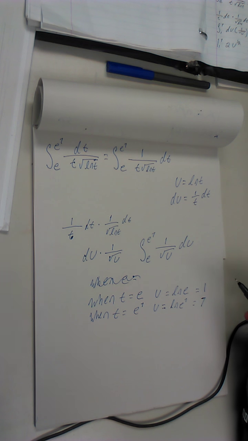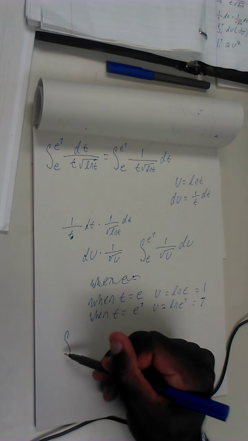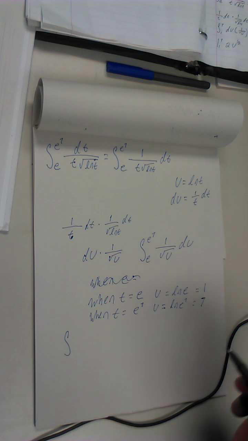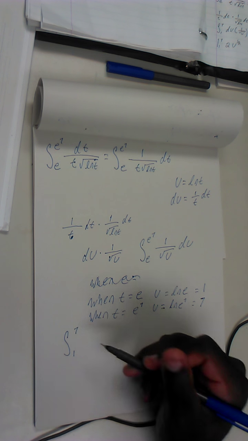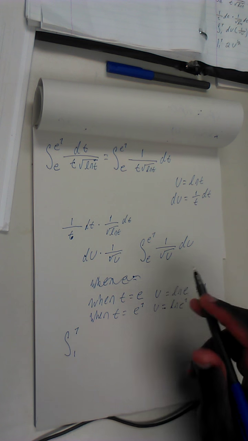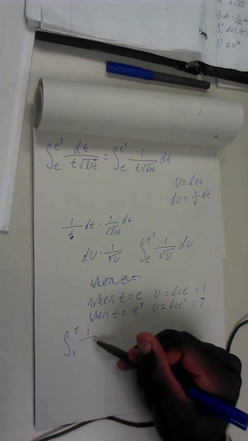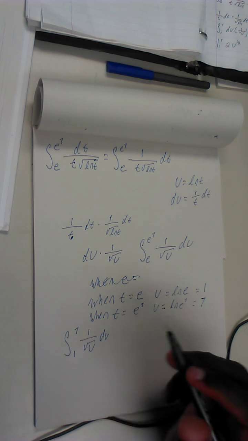All right, so everything now is in terms of u. So now you're taking the integral from 1 to 7 of 1 over radical u du, right?